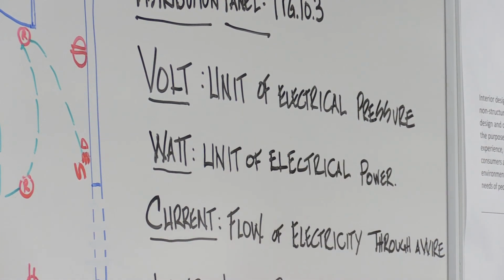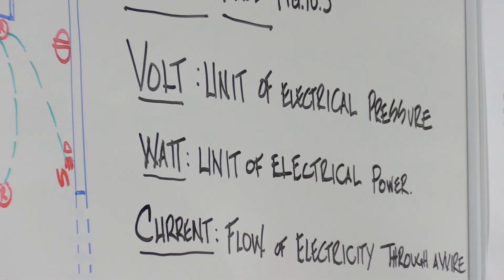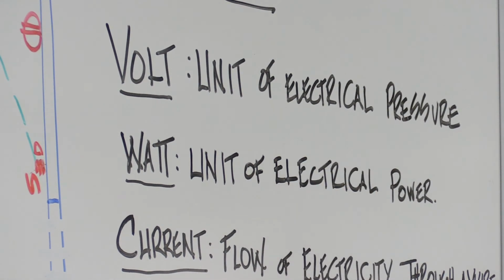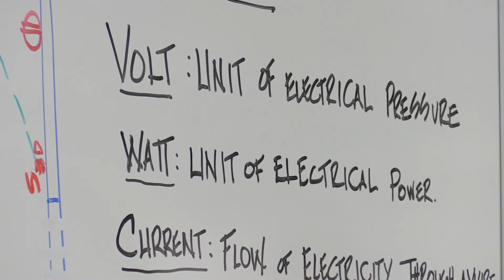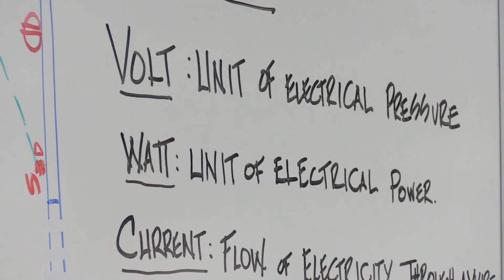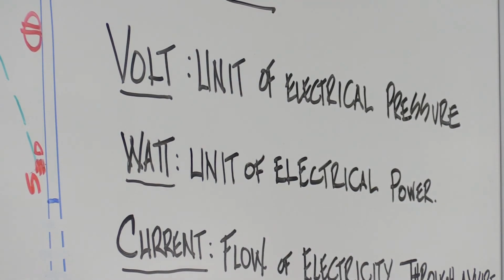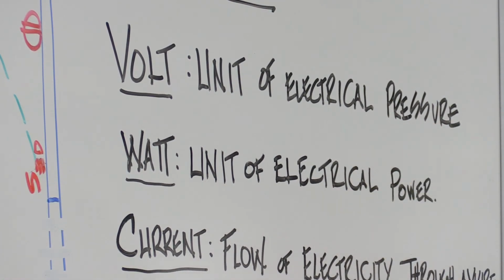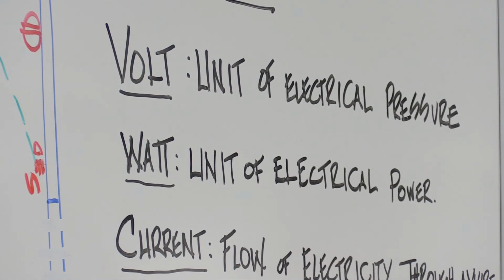A volt is a unit of electrical pressure. And to help you understand volt a little bit, when we're getting that power into our house, you may have seen very large high tension wires, these big wired or metal structures that bring that electricity to the home from the power plants. And they are really, really high voltage because you need that pressure to move that electricity to get to our homes.